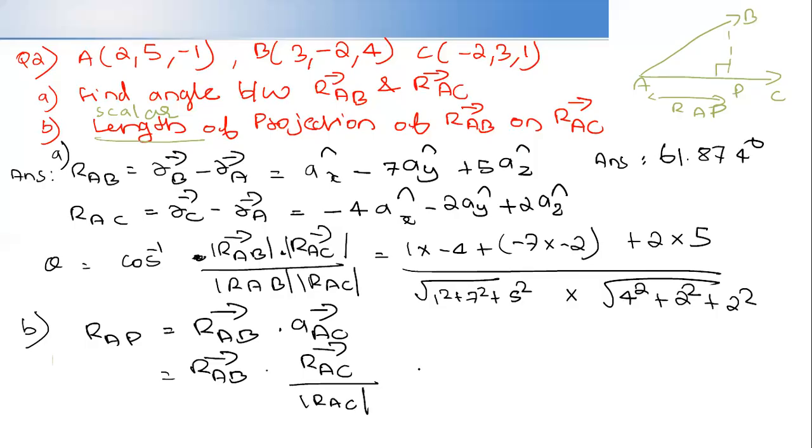Now you can find everything: 20 divided by root of 4 square plus 2 square plus 2 square, because RAB and RAC we have already found out. You just do RAB dot RAC, which we are getting as 20, divided by the modulus. So the answer is 4.082.